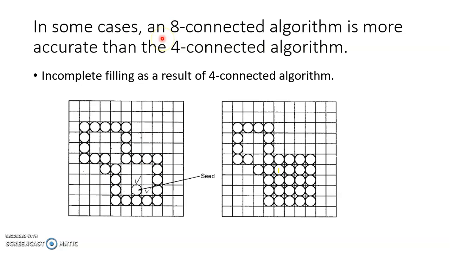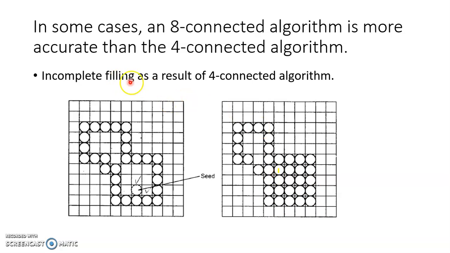In some cases, an 8 connected algorithm is more accurate than 4 connected algorithm. This is explained with the help of the diagram. In this diagram, if this pixel shown by the dotted circle is selected as the seed pixel, the algorithm will start with this and go on filling the remaining pixels, but finally at some point these pixels will be colored and then the algorithm will stop.